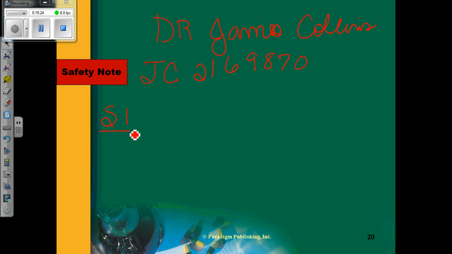Step 1, I'm going to call S1. Step 2, S2. Step 3, S3. Step 4, S4. So step 1 would be 2 plus 6 plus 8 equals 16. You're taking the first, third, and the fifth.